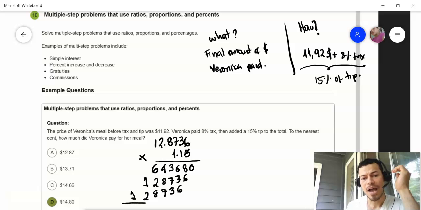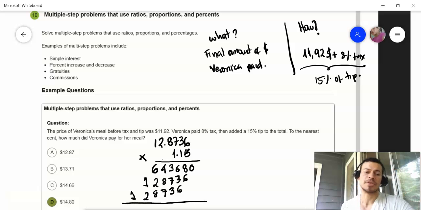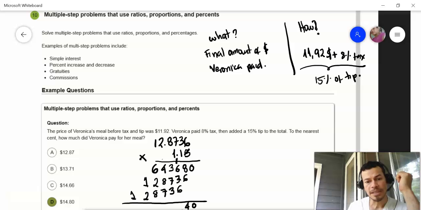Okay, and now I'm going to add everything up. So let's see. I have 0, I have 14, right? And so I carry over 1. So I got 6 plus 6, that gives me 12, plus 3, that gives me 15, plus 1 gives me 16. I carry over 1. 7 plus 3, that gives me 10, 13, 14, and I carry over 1.